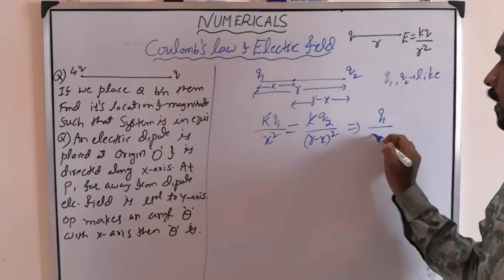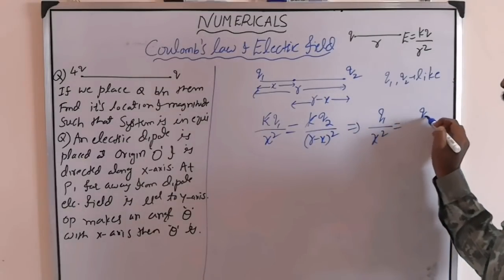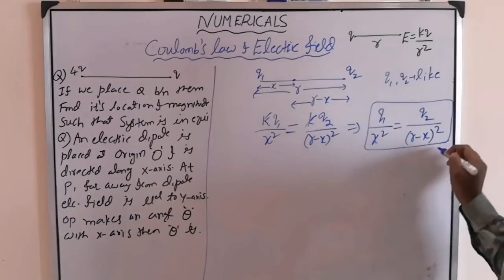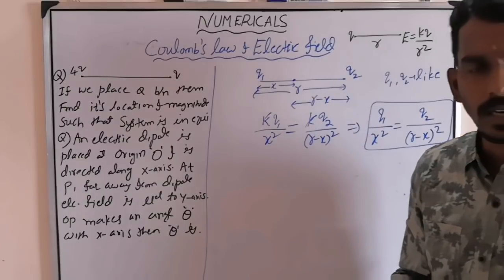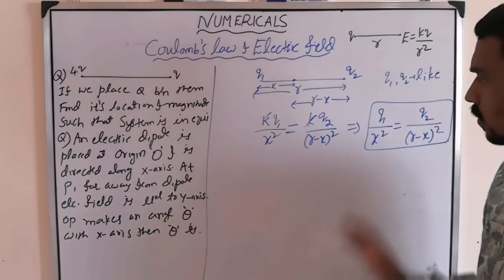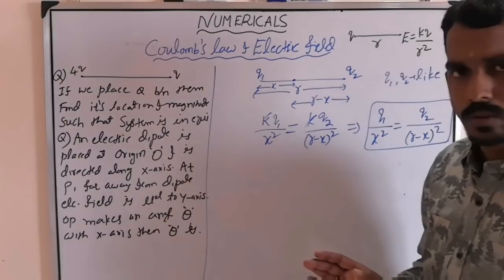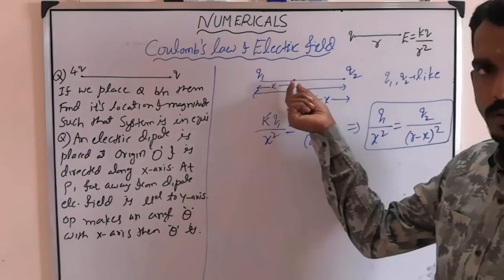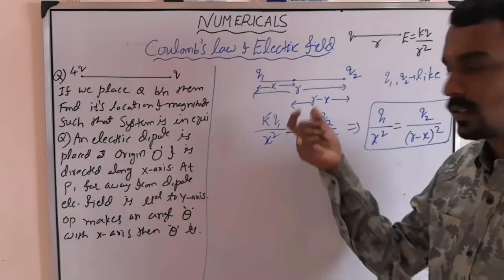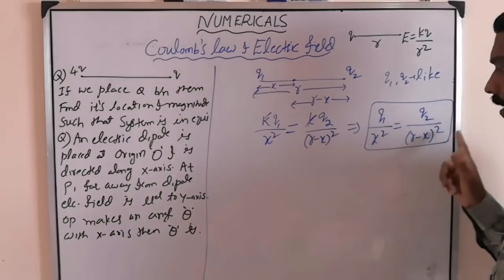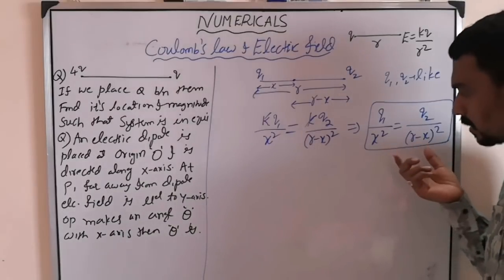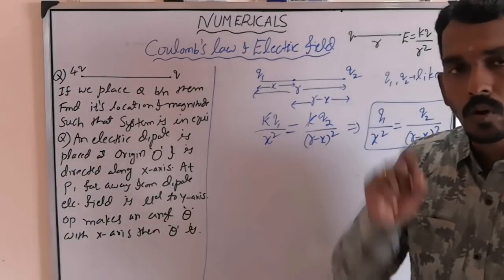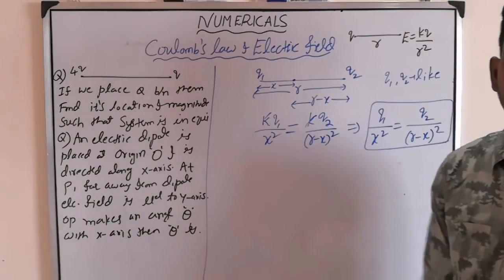So the formula you get is Q1 by x square equal to Q2 by (r minus x) square. You have to take a point such that this condition is satisfied, and this is true when both are either positive or negative.